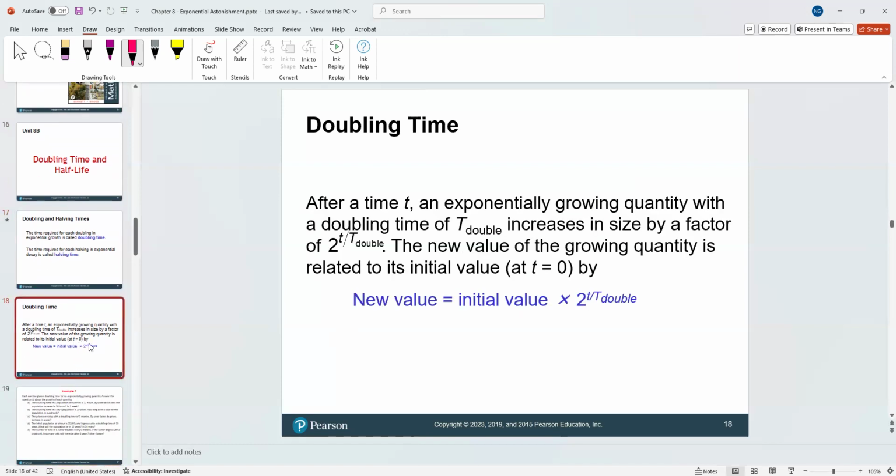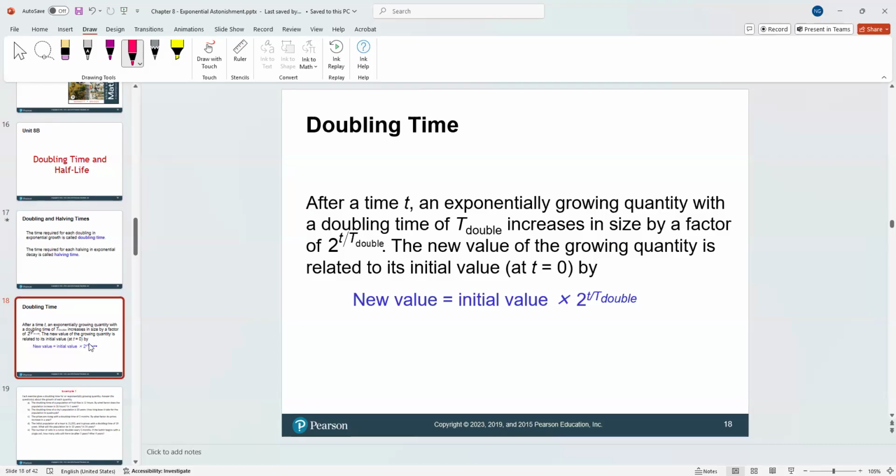So at some point, we can write a general formula. Let small t be the amount of time that has passed, and capital T double be the doubling time. After a time t, an exponentially growing quantity with a doubling time of T double increases in size by a factor of 2 to the power t divided by T double.